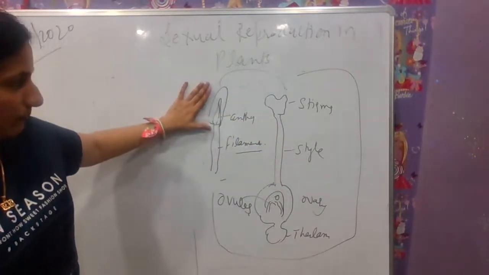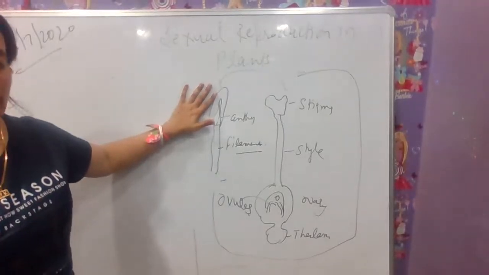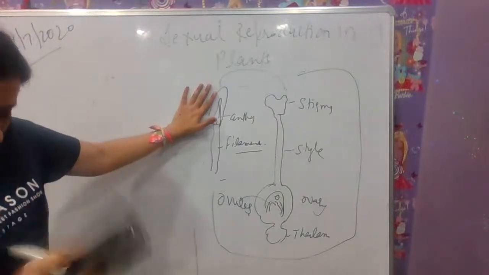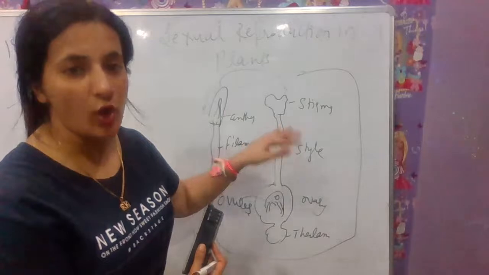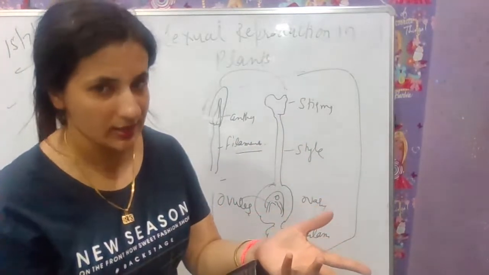Now, anther releases pollen grain by pollination. Whether it is insect pollination, wind pollination, or water pollination, that is a different concept. Now we're just going to discuss fertilization and germination.